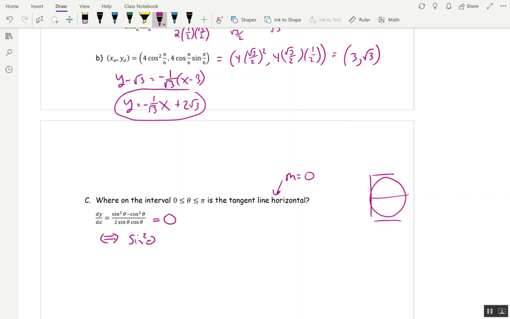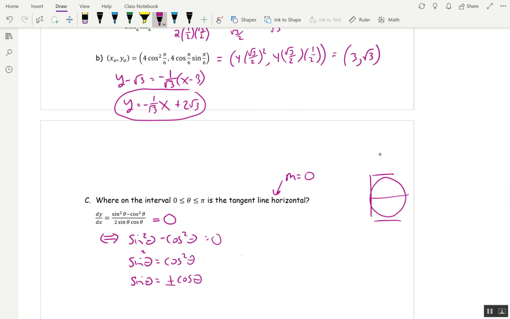Sine squared theta minus cosine squared theta is 0. So sine squared theta equals cosine squared theta. So sine theta is plus or minus cosine theta.